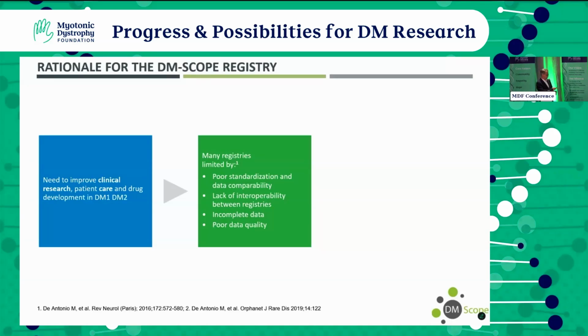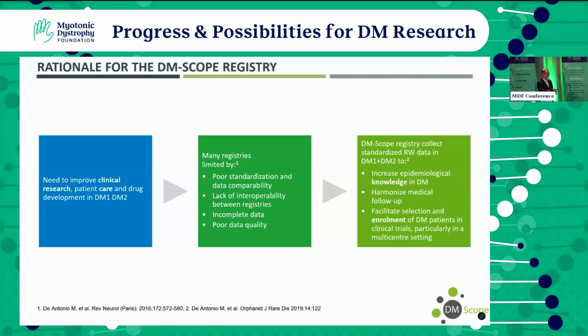And it might be incomplete. So this was the rationale to create DMScope, which has the objective of increasing the knowledge for all of us, for the DM community, but also to be efficient in, as one of our first goals at the time, trial readiness and being prepared for trial patient recruitment, but also much more.